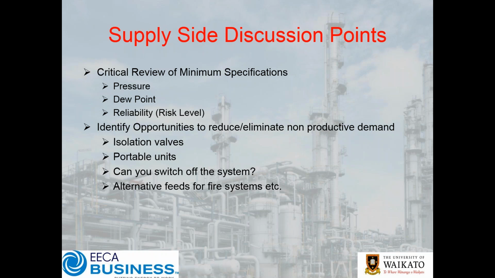So what do you mean by maximum set point? We're talking about the maximum dew point of the air coming out of the desiccant, and maintaining that dew point below that set level.